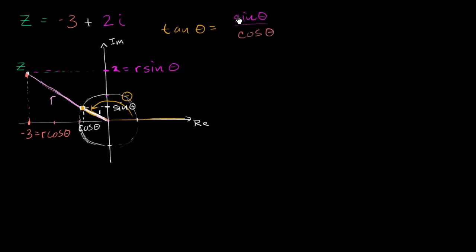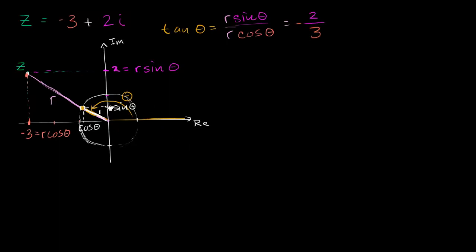But we could also multiply the numerator and denominator here by r. That won't change the value. So that's the same thing as r sine theta over r cosine of theta. And we know r sine theta is equal to 2, and we know that r cosine of theta is negative 3. So this whole thing is going to be negative 2/3.